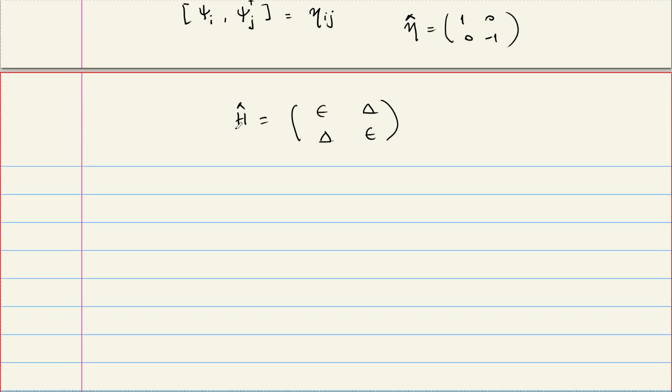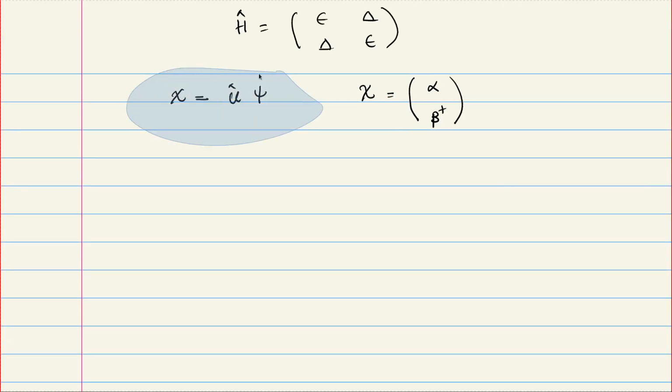So for that, let me try to introduce a new spinor chi is going to be equal to some U transformation times psi, and chi is going to be this alpha beta dagger, which is going to be the diagonalized degree of freedom.